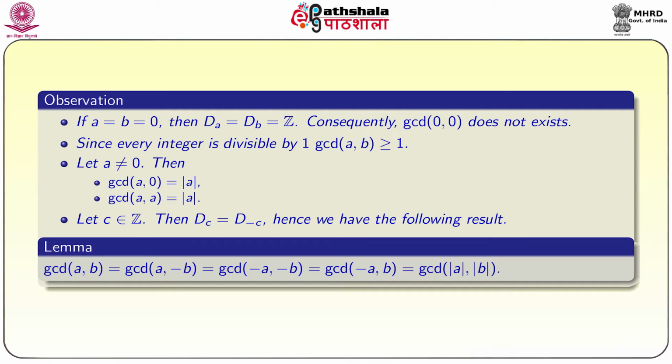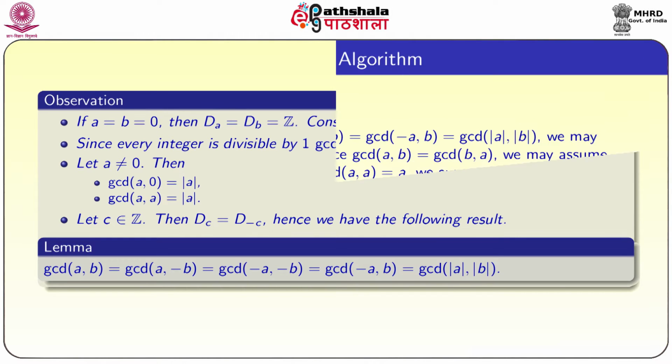That means all these values are equal. This is the beauty of the way we defined GCD of a, b as maximum of the intersection of Da, Db. So, we will end up with this lemma. This is easy to show, so we are skipping the proof of this result.